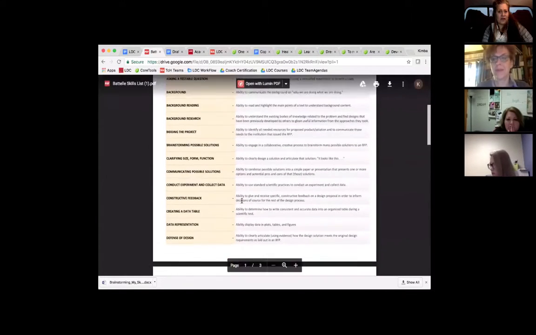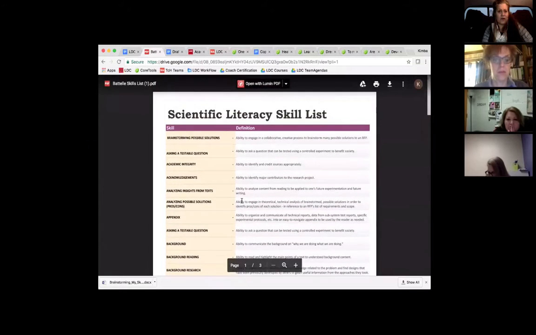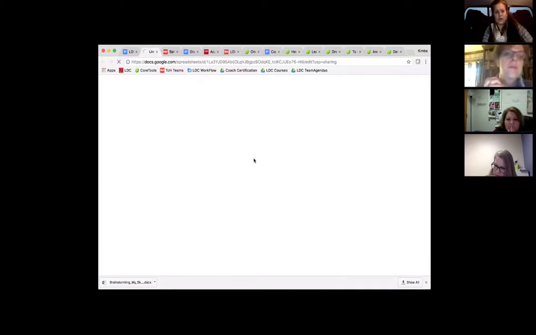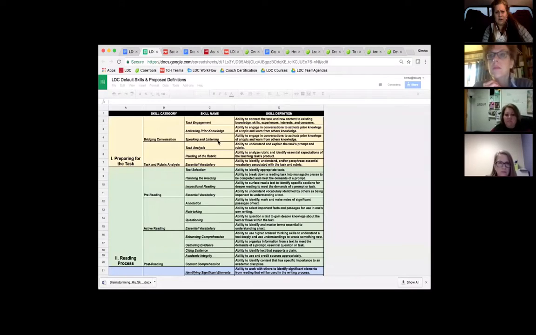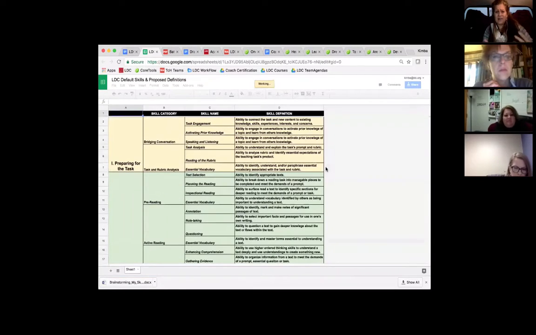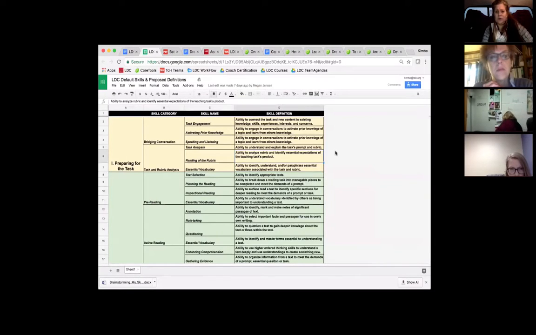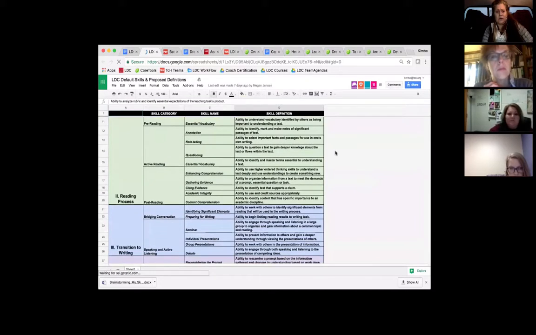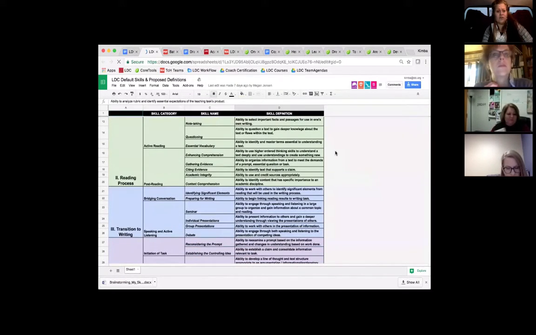So as you're taking a look at that, hopefully you're finding that useful. The default skills list and definitions, when you click on that, it should open up and you'll see some different possible skills that would take place during your pre-reading steps, your active reading, post-reading, transition to writing, some different ways of thinking about that as far as bridging conversation and speaking and active listening.